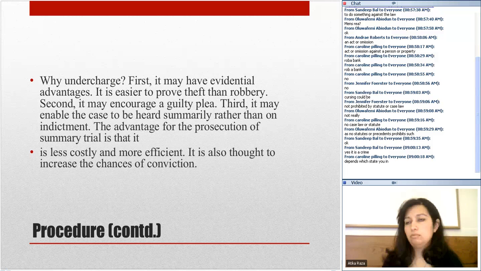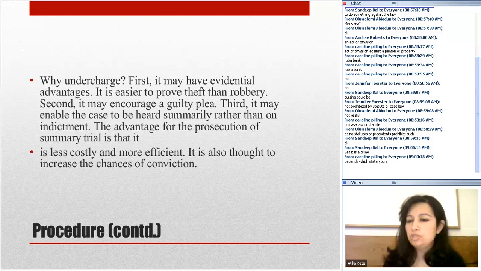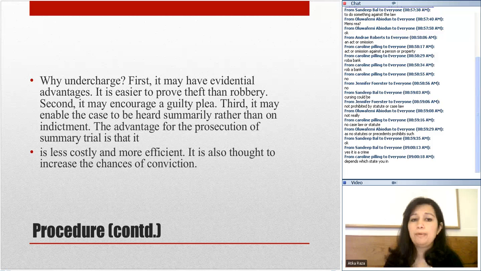Sometimes they also undercharge. Sometimes, for example, the crime is serious enough, but they don't have enough evidence, maybe. Okay, so they're not going to charge you exactly for that crime. For example, they're going to cut the murder or homicide down to involuntary manslaughter, so to speak. It has a lesser punishment.